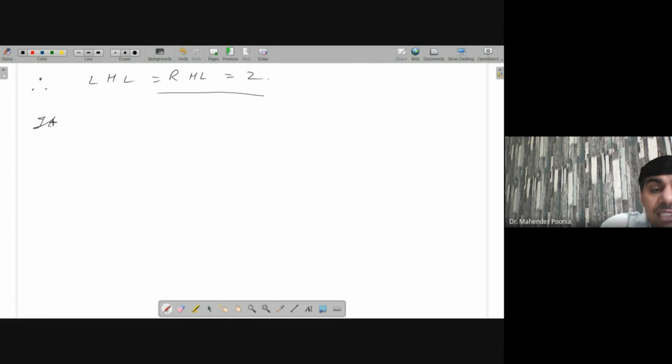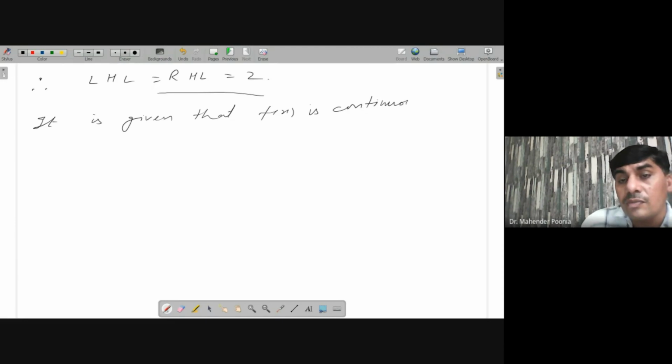It is given that f(x) is continuous at x is equal to 0. Therefore, left hand limit is equal to right hand limit must be equal to f of 0.